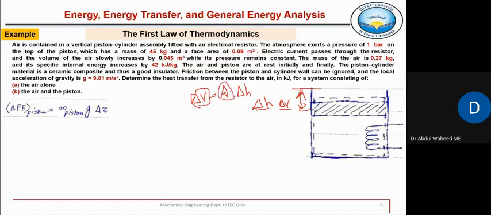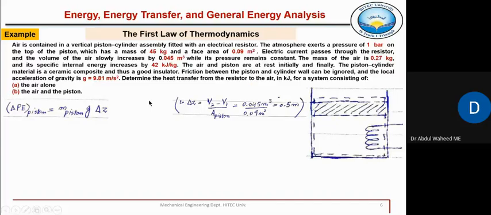Area of piston is also given, so we can find out delta H or delta Z from this equation, right? So here it is calculated. Delta Z, the change in height of the piston, is equal to change in volume divided by area of piston. So that comes out to be 0.5 meter.